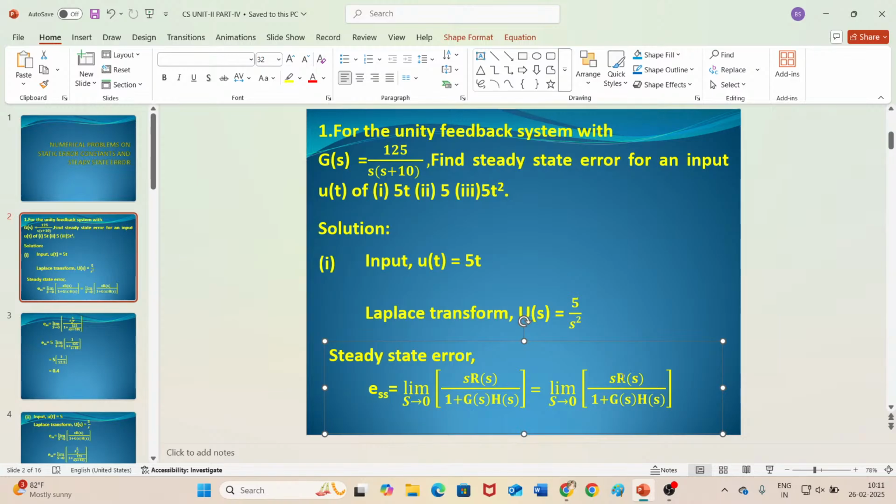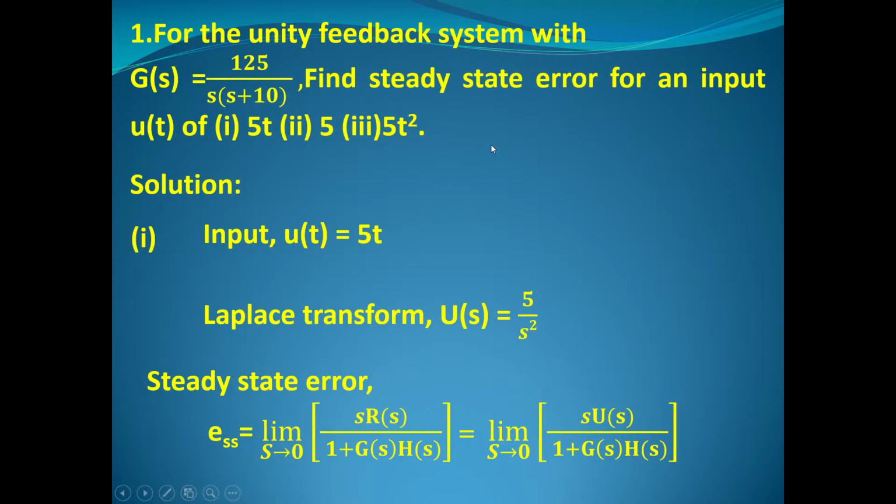Here instead of R(s), you can write U(s). U(s) is nothing but R(s). So why have we replaced R(s) with U(s)? Because in the question itself they have mentioned input is U(s). That's it. So just write it down. If you complete, just mention in the chat box so that I'll proceed further.